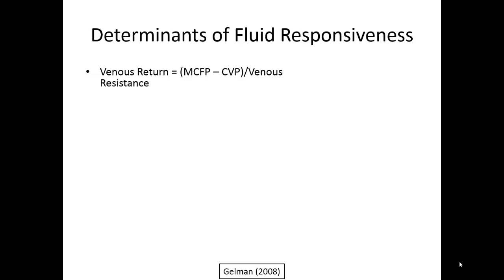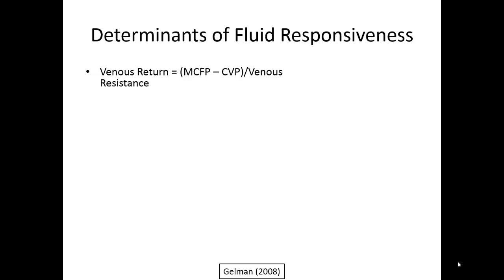CVP represents part of your venous volume. And to really explain this, I want to introduce a couple of concepts. One is the mean circulatory filling pressure. The other is the concept of stressed versus unstressed venous volume. So we might get a little bit into the weeds here, but the big takeaway from all the physiology stuff is already on the slide.